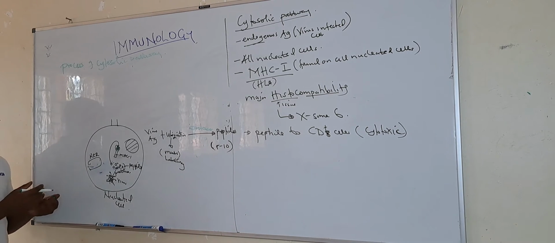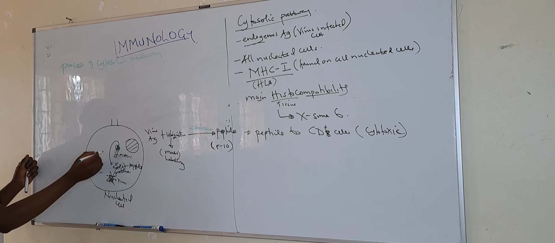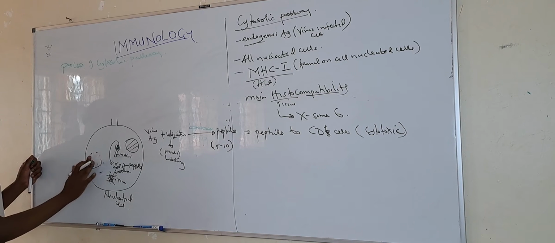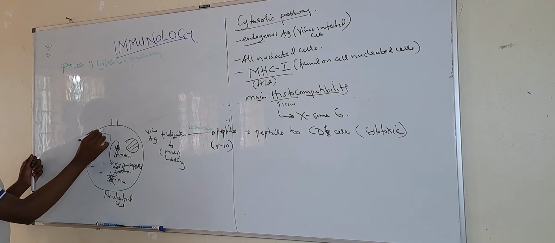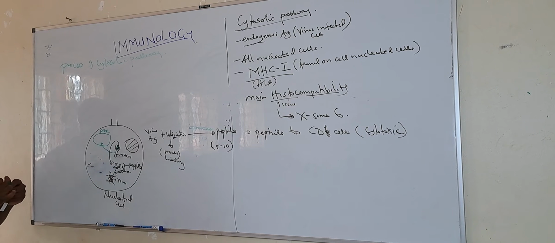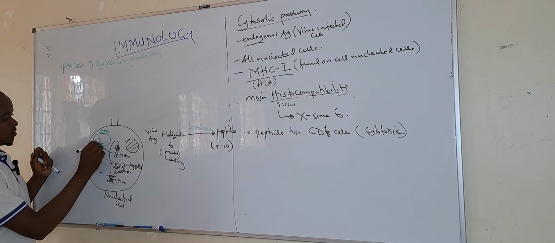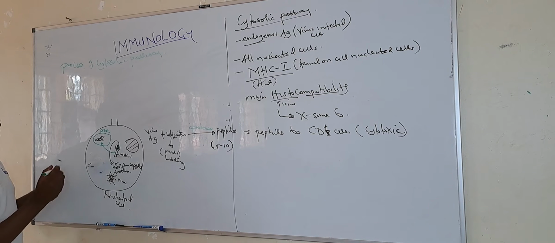Then it is this complex. These things are in your notes, isn't it? So we are going to transport this into the rough endoplasmic reticulum. This is my rough endoplasmic reticulum. I'm going to transport this complex inside. So we shall have our major histocompatibility complex here with its peptide viral portion.